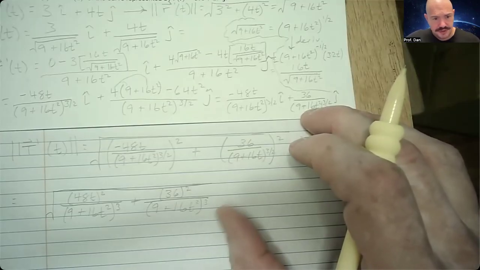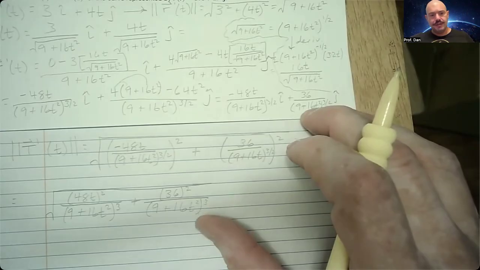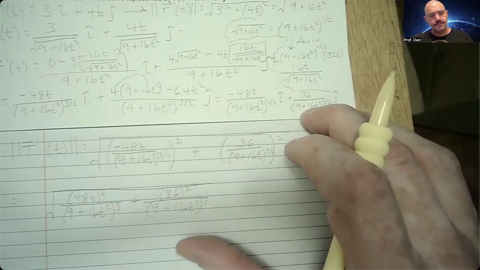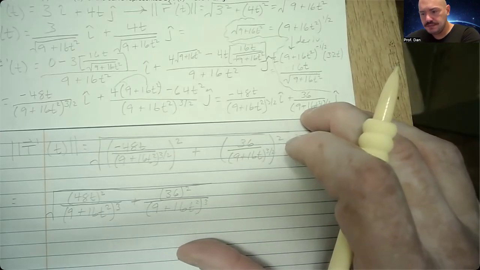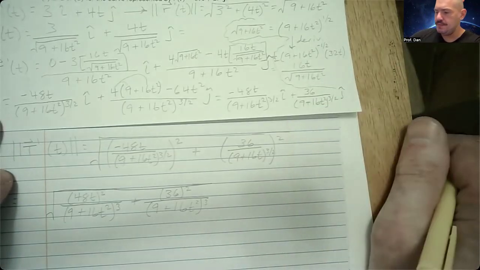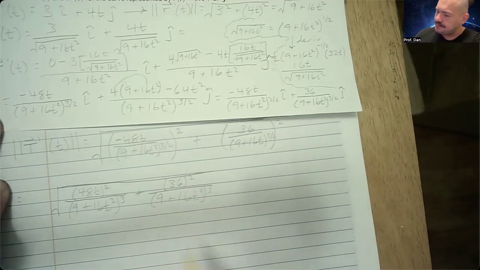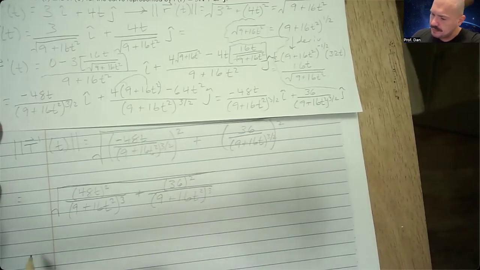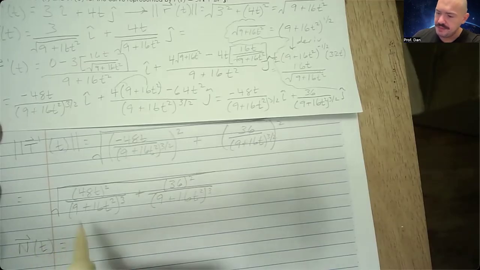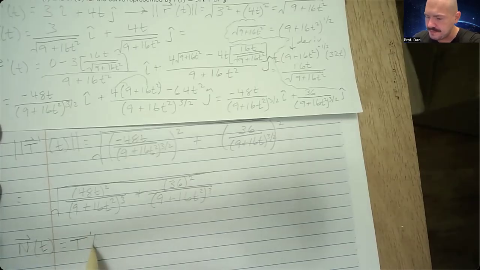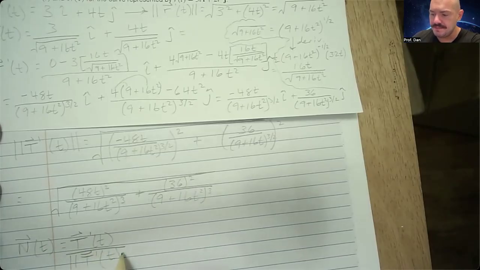If you wanted to, you could also just put this entire thing as one fraction. Wouldn't really be super helpful, but yeah. So I know that my principal unit normal vector N of t is defined as T prime of t divided by the magnitude of T prime of t.